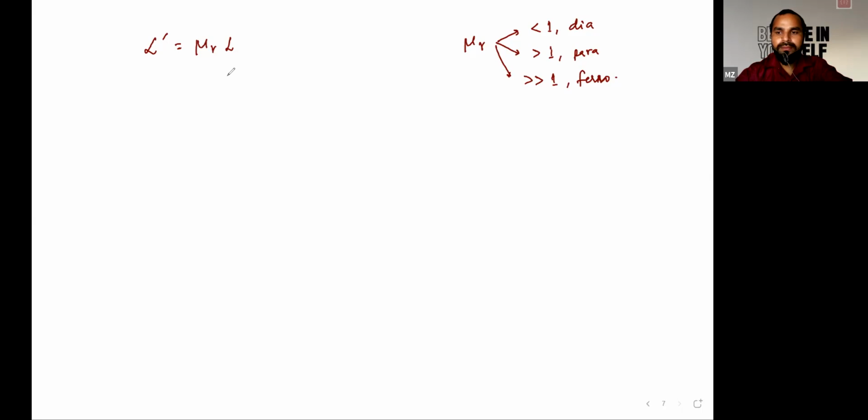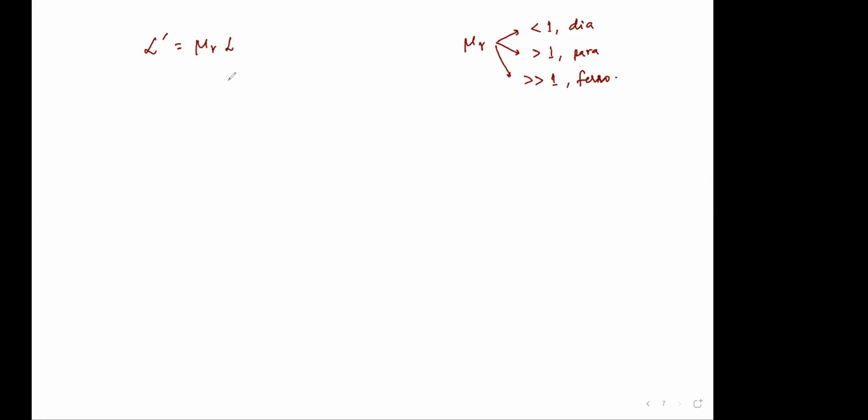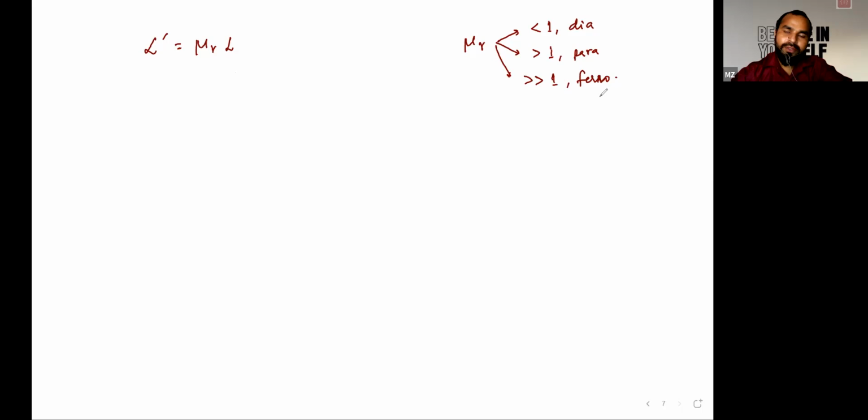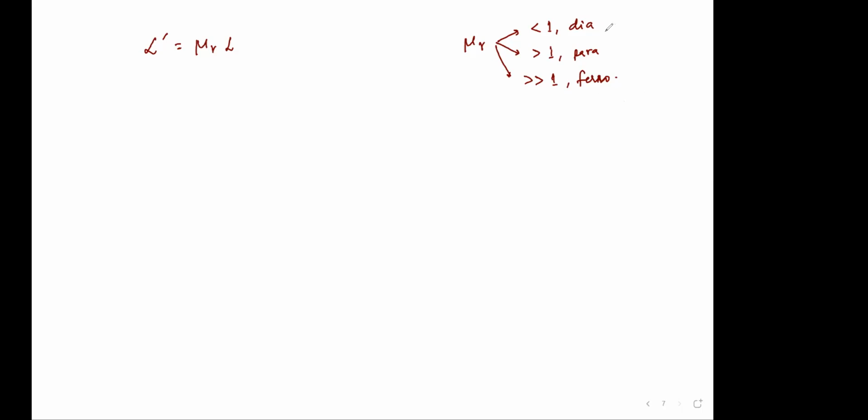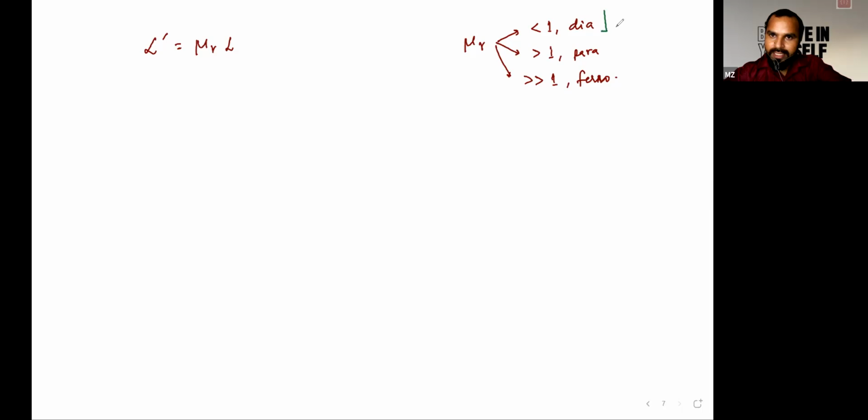That will decrease. Decrease, good. And for para and ferro? They will increase. So for dia, L dash would be lesser than L, but for either of the other two, L dash would be more as compared to L.